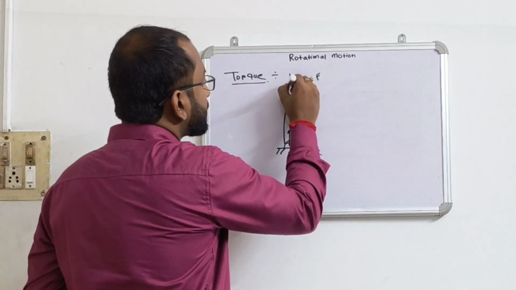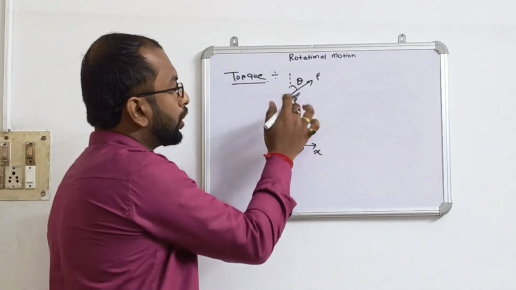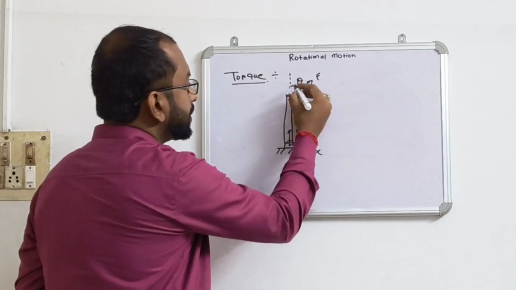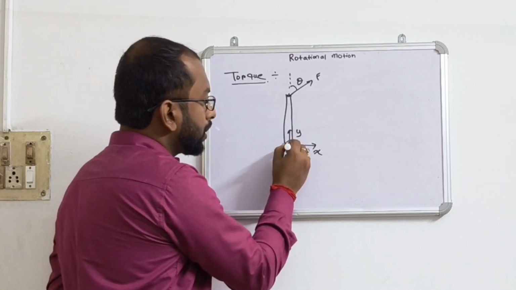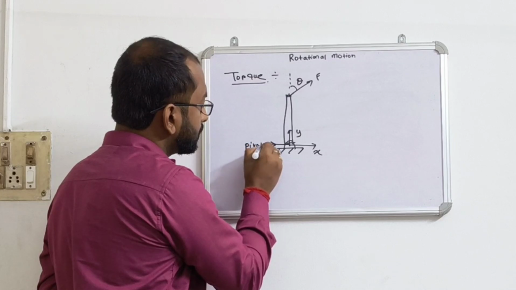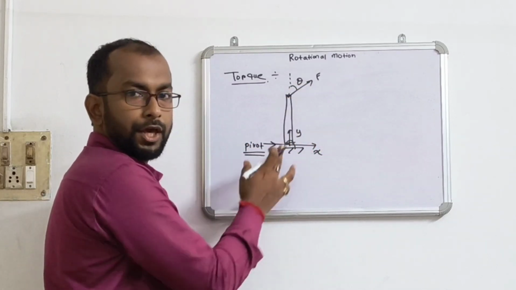Now this force F is applied at the top of the rod, making angle theta with the direction vector. See, the rod is rotating with respect to this point, which means we will consider it as the origin or the pivot point. And here is the point of application of the force.